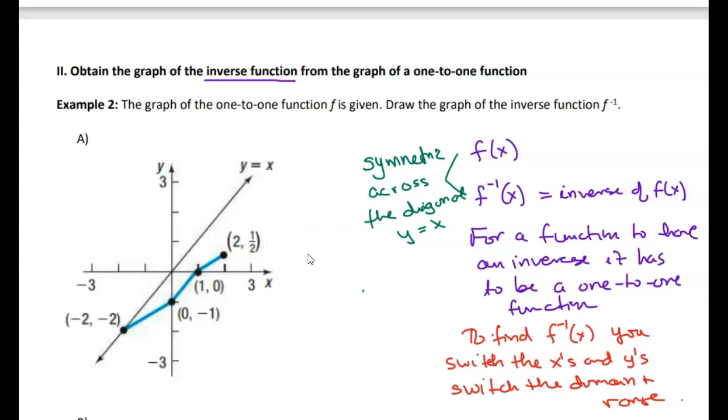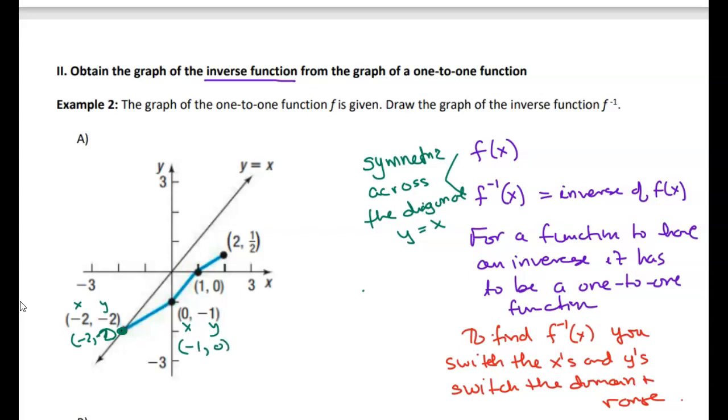Okay, so let's look at this point here. So x is -2 and y is -2. You're going to switch them over, and you get -2 and -2. Okay, so this point is the same; they coincide. Okay, let's look at (0, 1). So this is x and this is y. You're going to switch them. Okay, so you get x equals 1 and y is 0. Right?